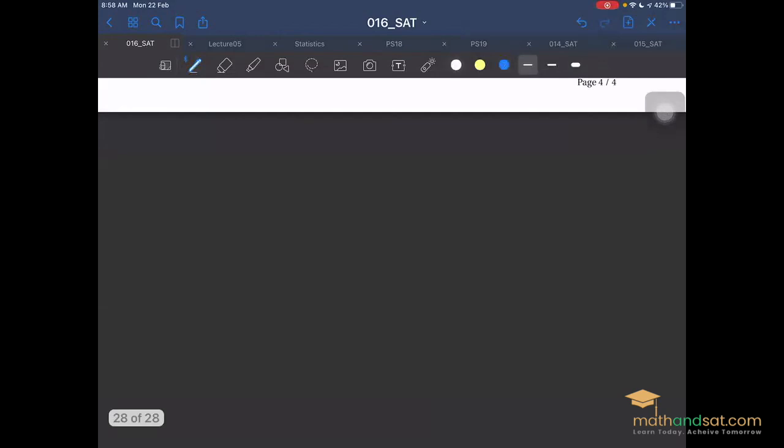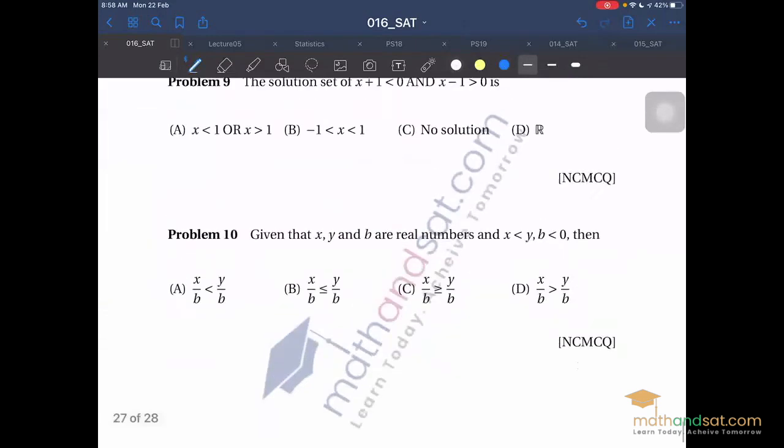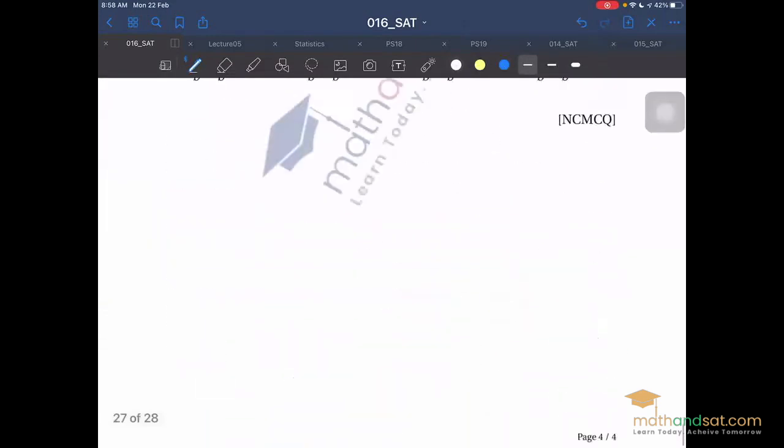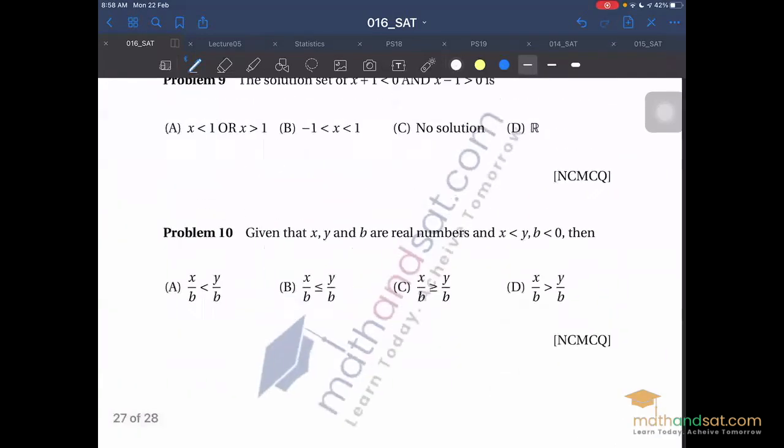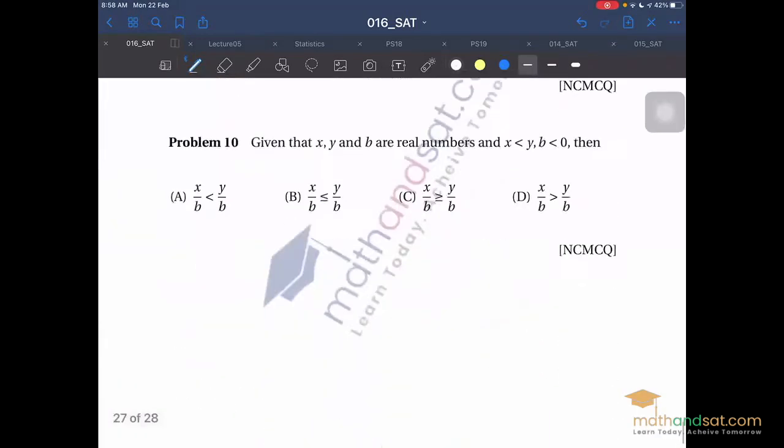Our question is, we have (2x minus 1) by 3 greater than or equal to (3x minus 2) by 4 minus (2 minus x) by 5.